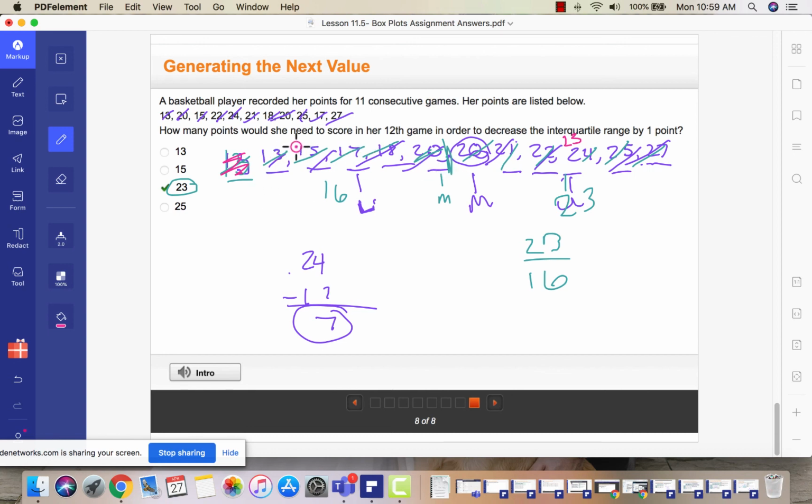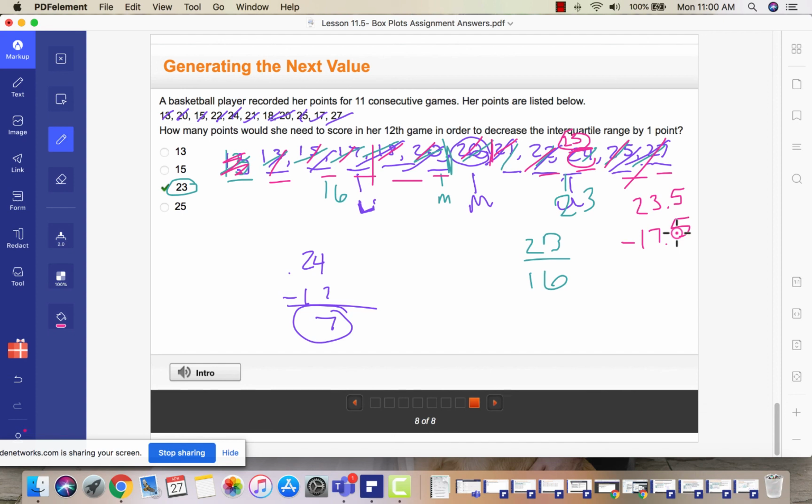And then our median would be here in between 20 and 21, so 20.5, and then our upper quartile would be in between 23 and 24, so 23.5, and our lower then would be in between 17 and 18, so 17.5.